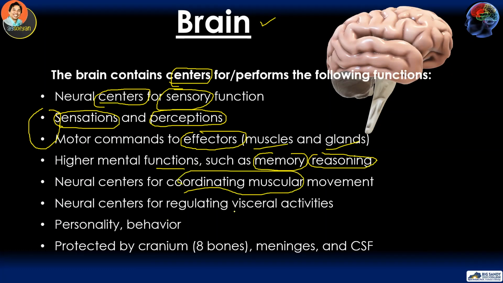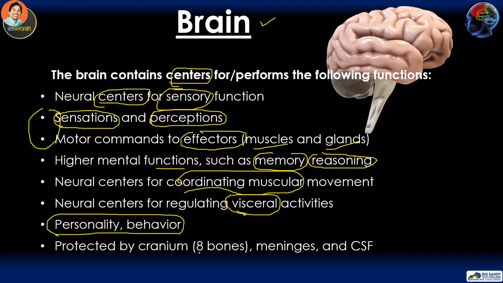It also regulates our visceral organs, the soft organs inside our body, like the heart, the lungs, the kidney, and all other organs. They are controlled by the brain also. The brain also controls our behavior and personality. This is all controlled by the brain.